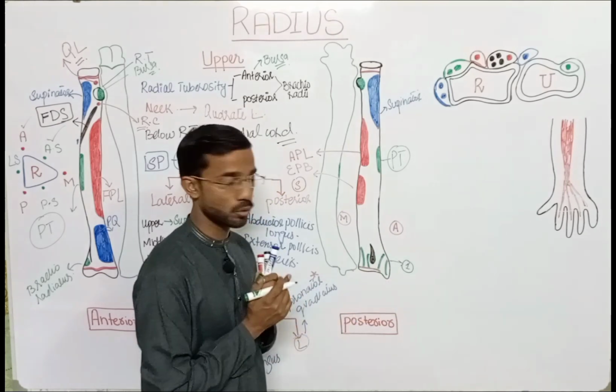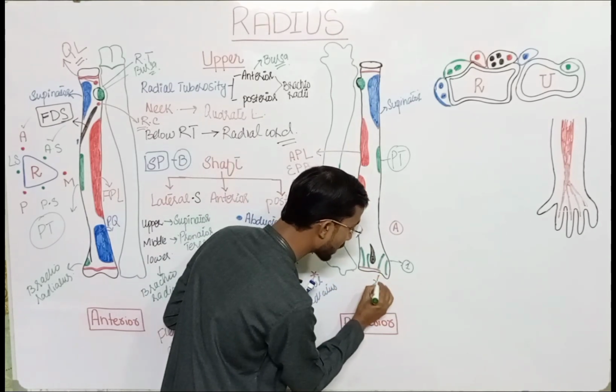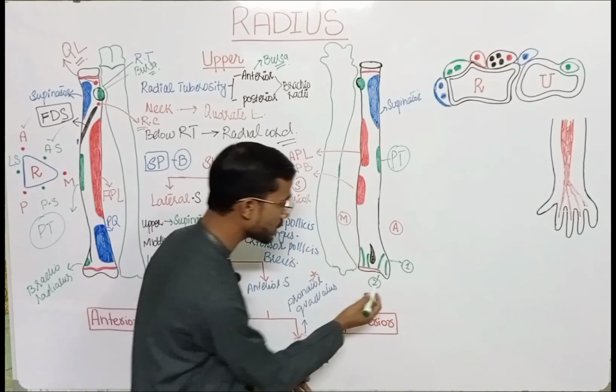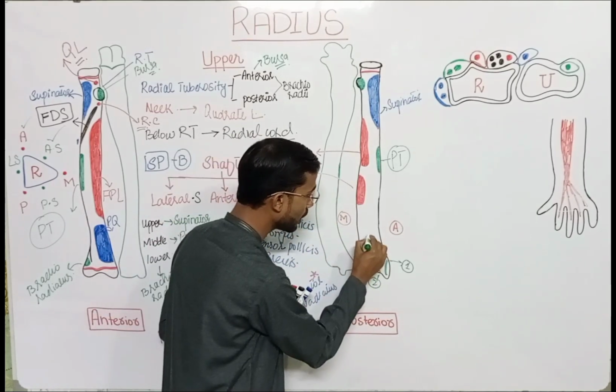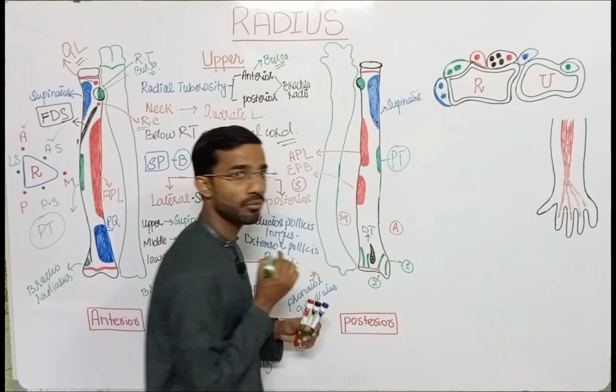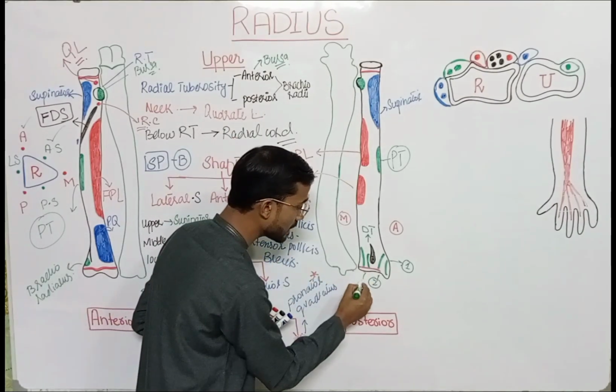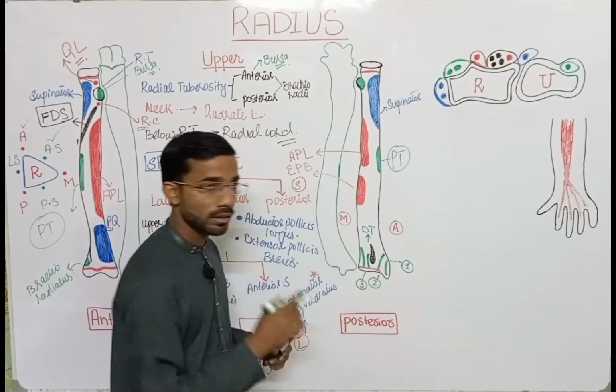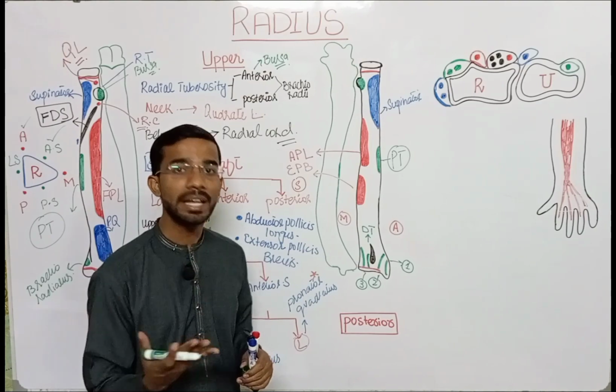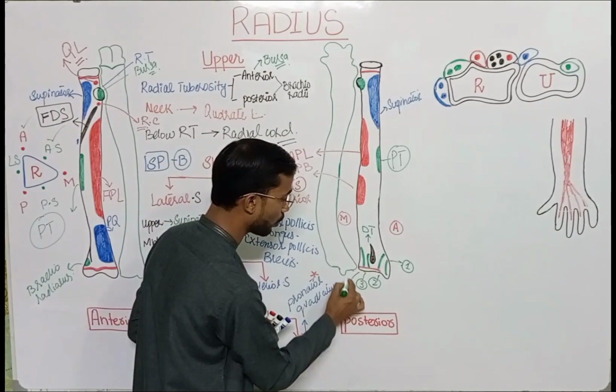The second groove is present between the styloid process and the dorsal tubercle of Lister. The third groove is called the oblique groove, and this is the fourth groove.